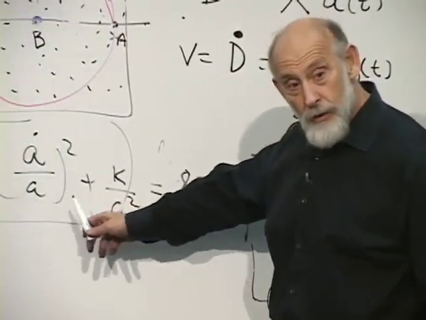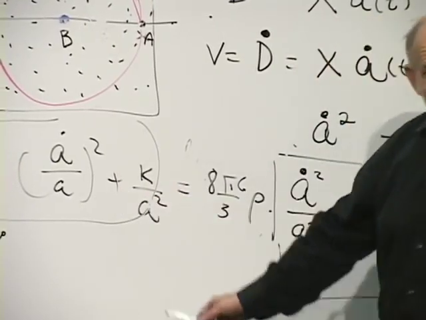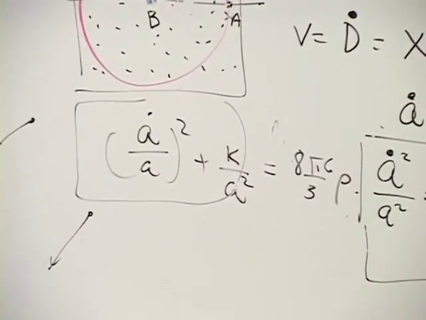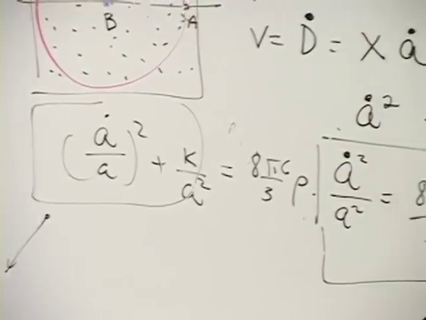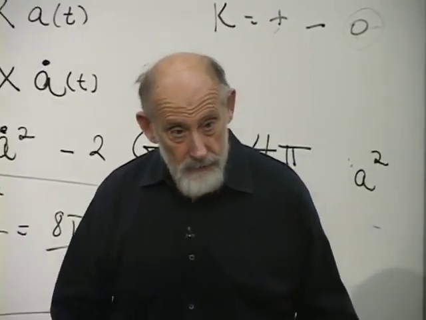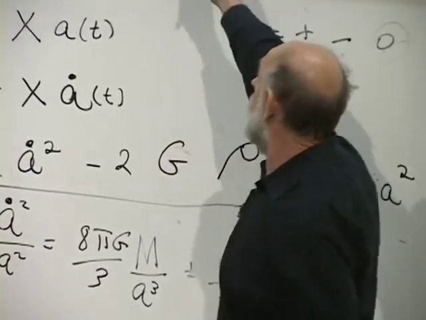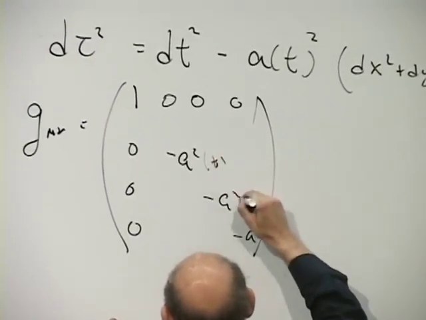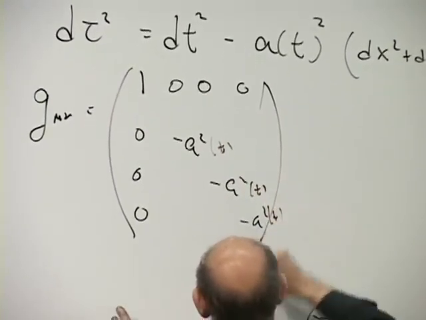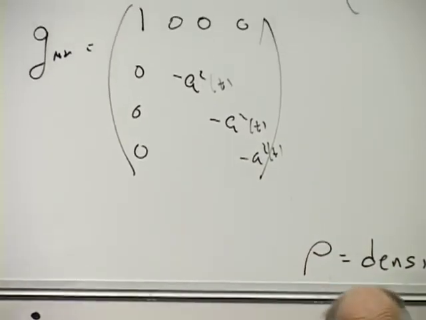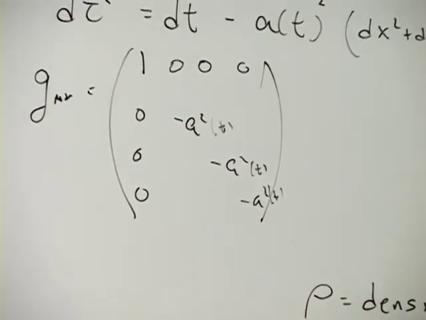So another way to derive exactly the same equation is to write down the Einstein equations and simply plug in our assumptions. Our assumptions: homogeneous, uniformly expanding. Plug in this metric with an arbitrary time dependence. Calculate the curvature, calculate the Einstein tensor, put it on the left side.